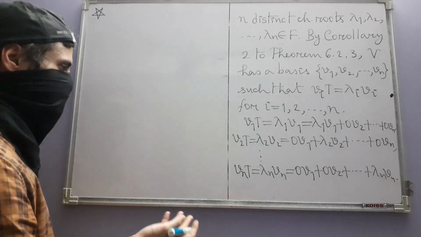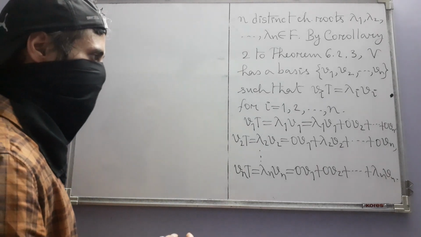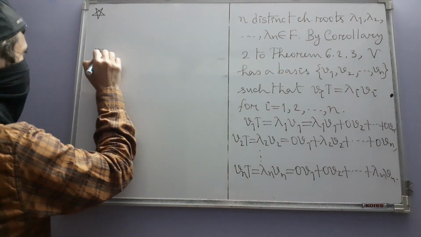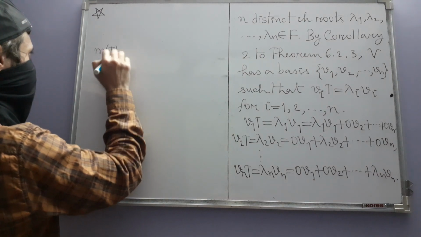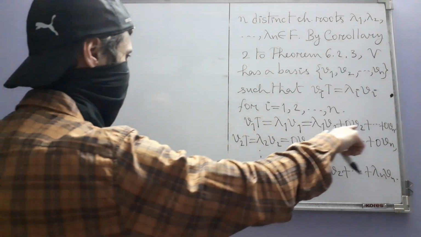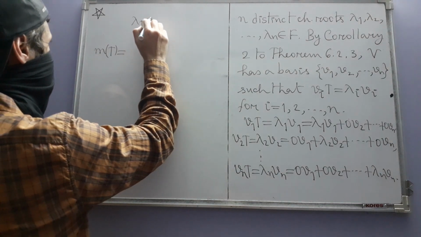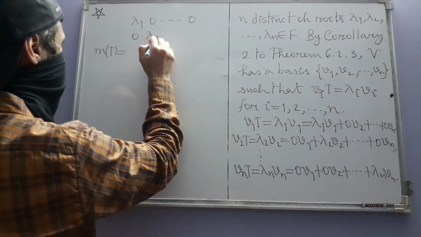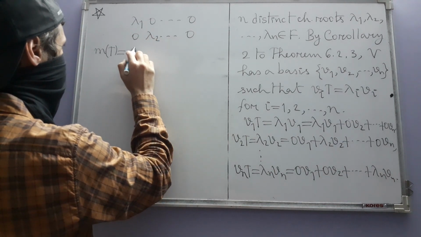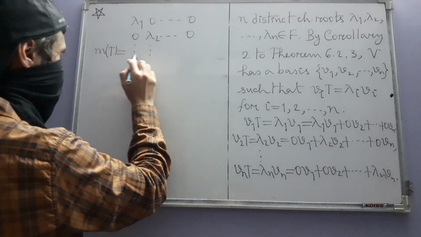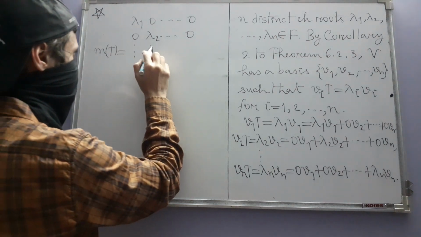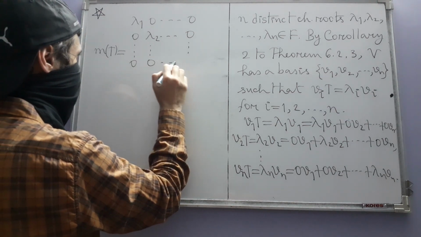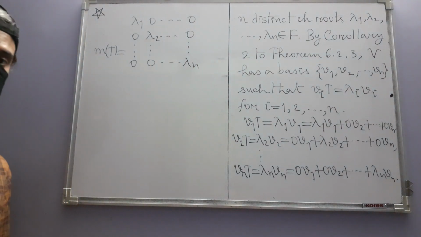So we know about diagonal matrices, scalar matrices, matrix addition, multiplication. So the matrix of T will be what? The first row, of course, is this. The second row is this. And the third row you can imagine will be 0, 0, lambda 3 and the others are 0. And the final row is this. So this is a diagonal matrix.